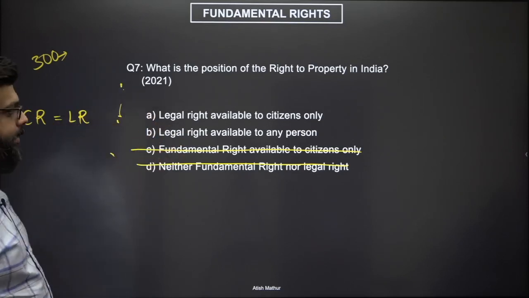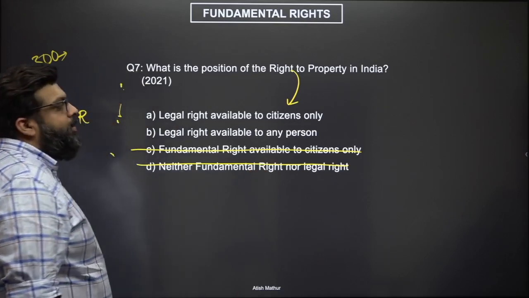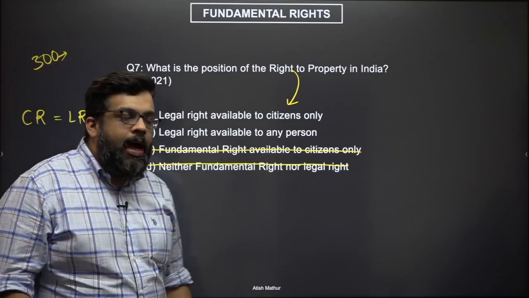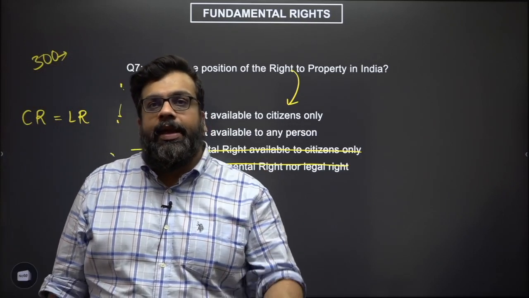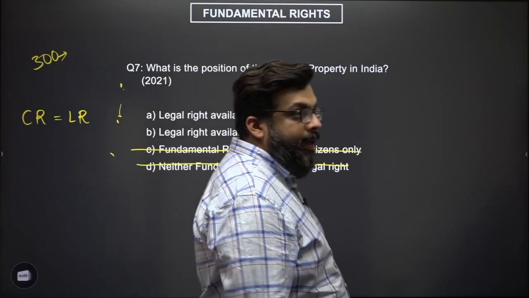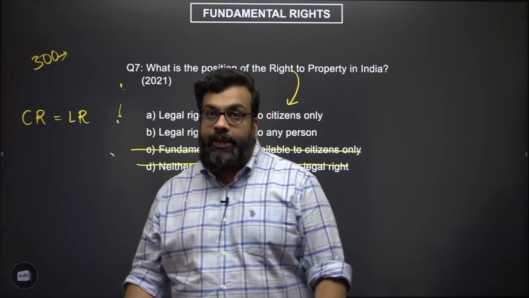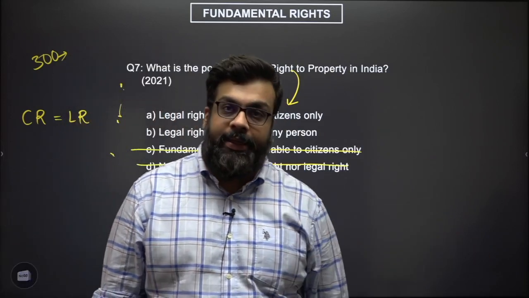Now apply the context. If right to property was a right only for citizens, then how would foreigners get the opportunity to invest in India, to live in India, to buy a home in India, to set up a restaurant in India, to set up a property in India, to set up a manufacturing unit in India?